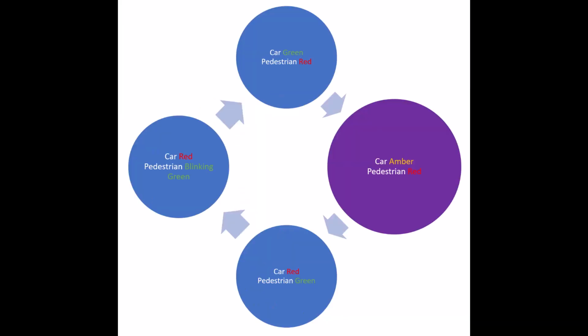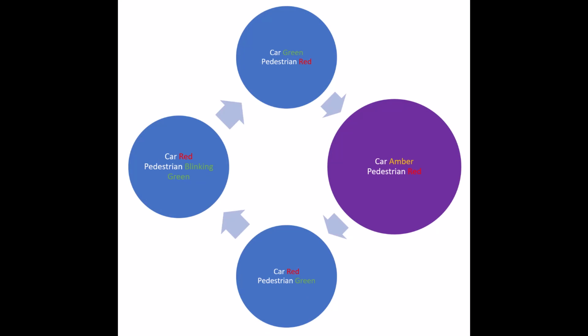So let's talk about our states or stages in this operation. When the board boots up, obviously it is going to go into a state. So I made the decision that it has to be a state which is happening for most of the time, which is green light for the car and red light for the pedestrian. The second state is when the pedestrian comes in, presses the button.